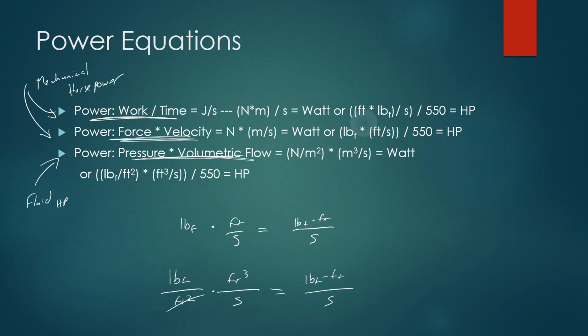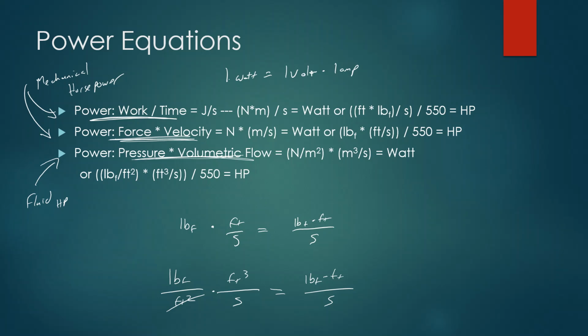There's one more I want to throw in there. 1 watt equals 1 volt times 1 amp. I'm going to write it out. So 1 watt equals 1 volt times 1 amp.